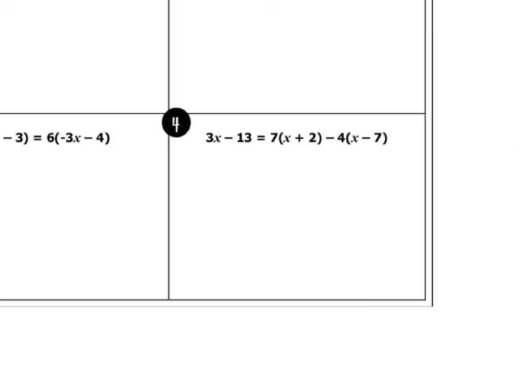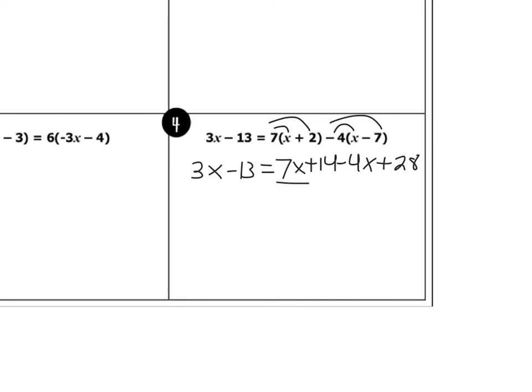So number 4, nothing to do on the left-hand side of the equation, but on the right-hand side of the equal sign, we do need to distribute. Okay, so we're left with 3x minus 13 equals 7x plus 14 minus 4x plus 28. Okay, now we need to combine like terms.